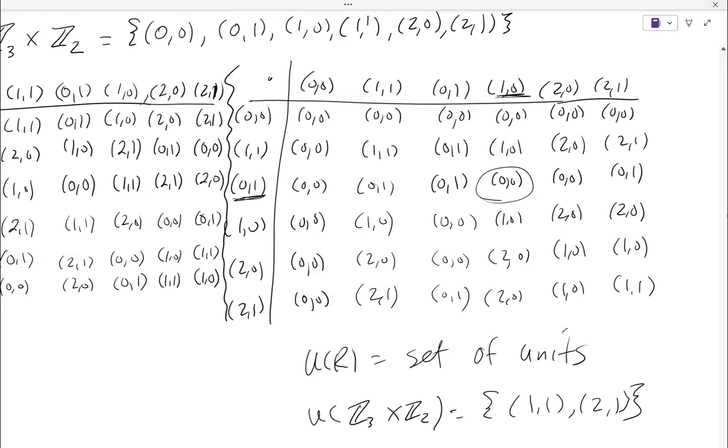Let's go back and look at the component rings again. What are the units in Z3? What elements of Z3 have multiplicative inverses? Let's look at just the ring itself and not even worry about the fact that it's a 3.